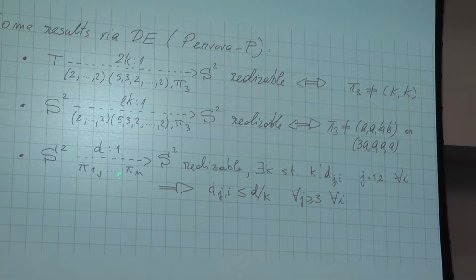It says that if you have a branch cover candidate that is actually realizable, and there exists an integer k, of course larger than 1, that divides all the members of the first two partitions, then the members of the subsequent partition should be not too big. They should all be less than d over k.